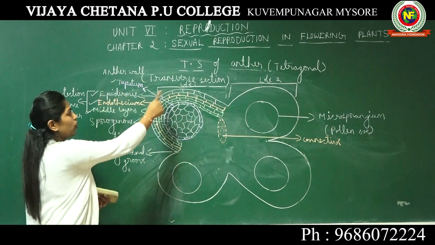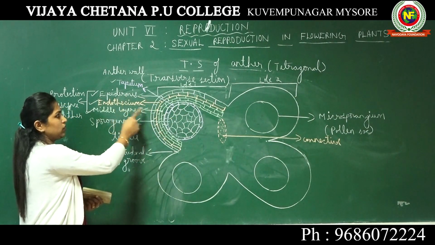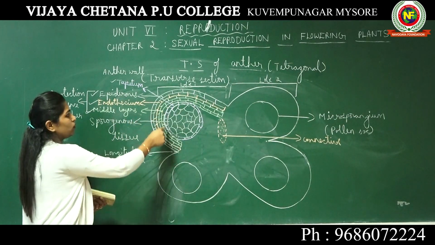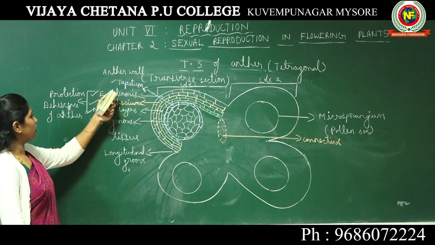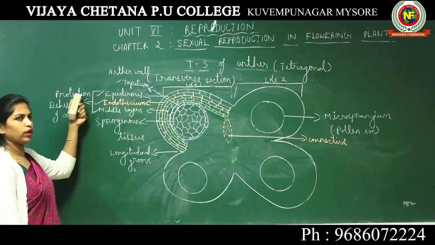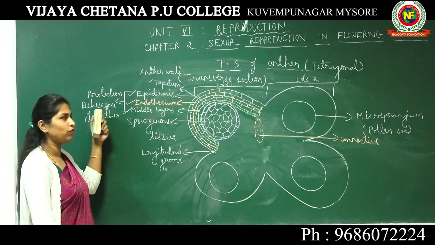The outermost wall layer is called as epidermis, the next layer called as endothecium, and the next few layers are called as middle layers, and the innermost layer is called as tapetum. I have already told you the function of epidermis, endothecium, middle layers is nothing but protection, and also they will help in the dehiscence of anther.